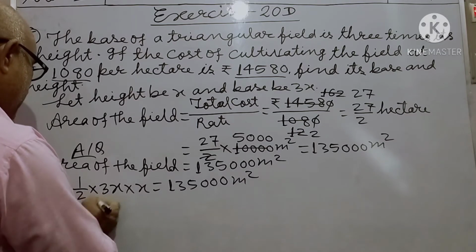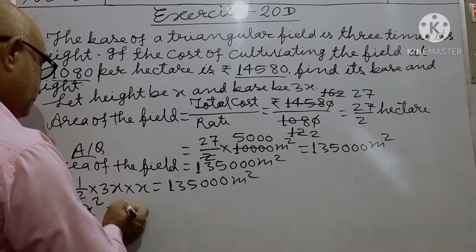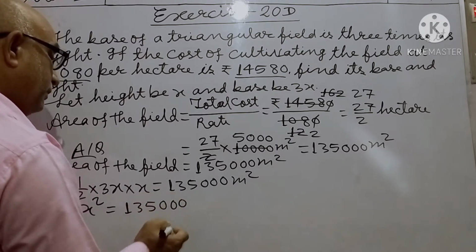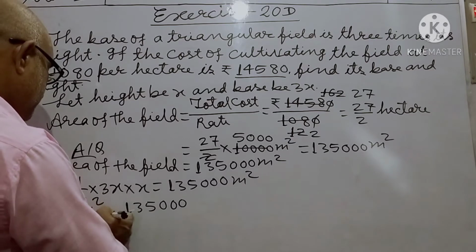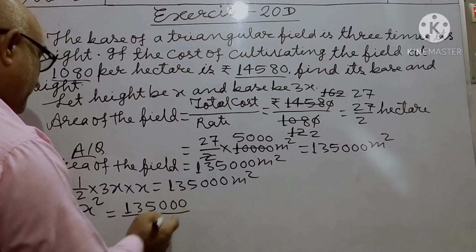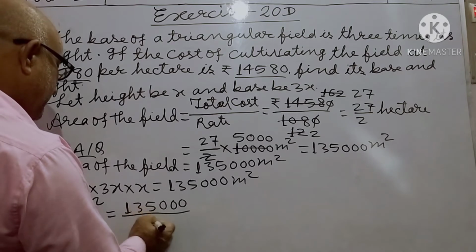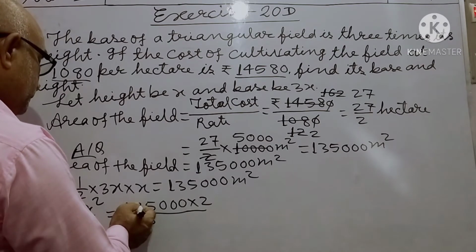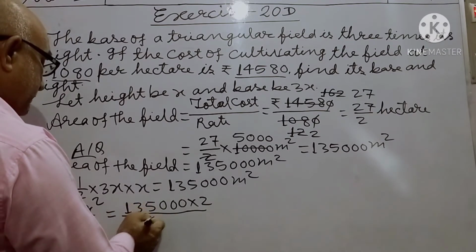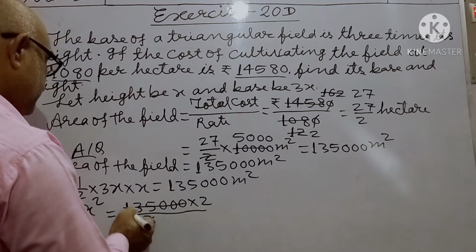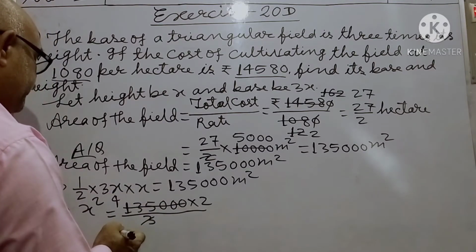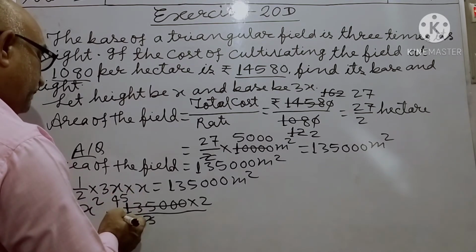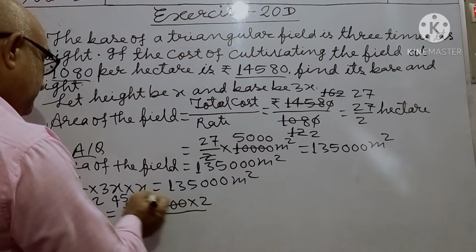So x square equal to 135,000 divided by 3 and multiplied by 2. 5 plus 3, 8 plus 9, divisible by 3. So 3 4 ja 12, 3 5 ja 15 and 000.